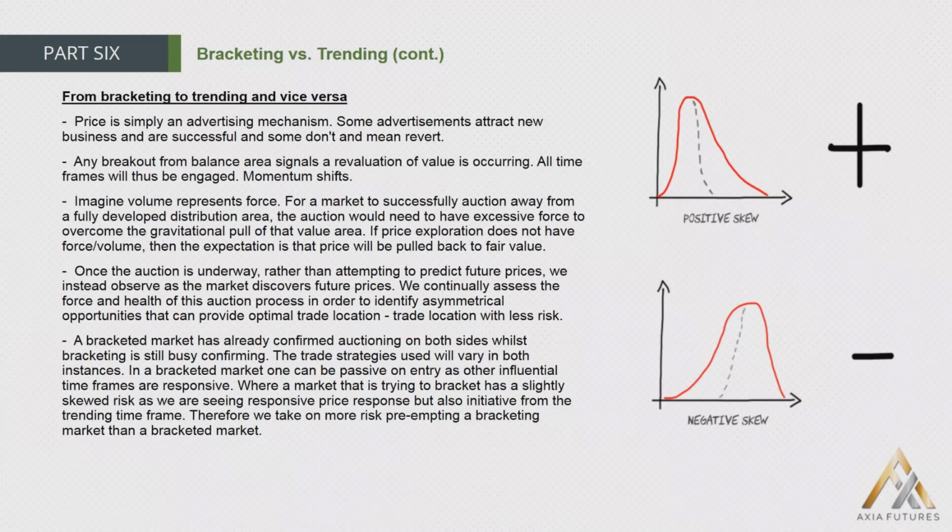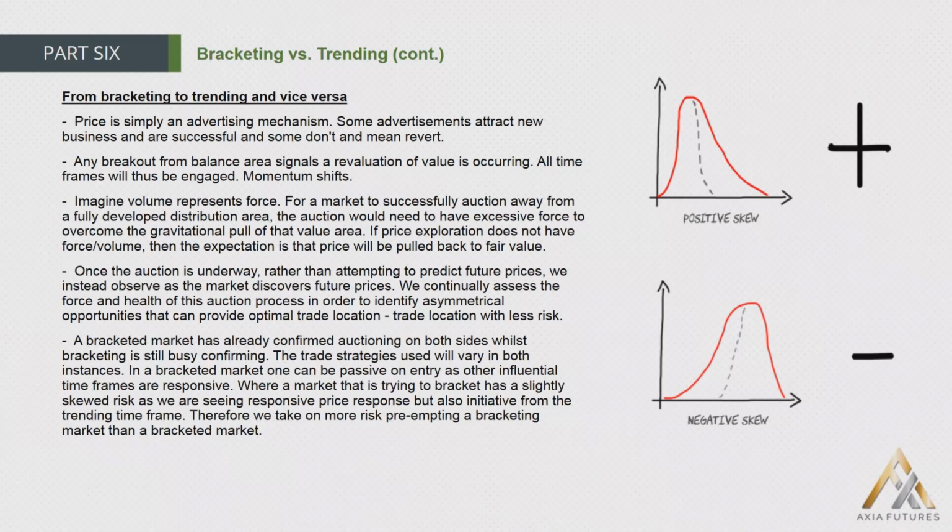So what I want you to do is imagine volume as a force. Now, for the market to be successfully auctioning, and we want to move away from a bracketed area or from an area that's been traded out for some time, we would need to see excessive force, so relatively very high force from what we've seen in the previous periods, whether that's days, weeks, or months.